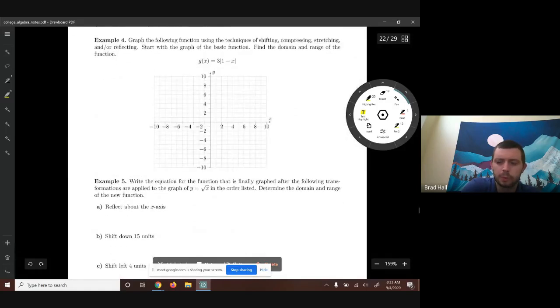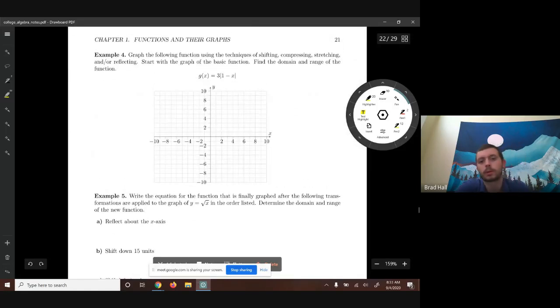But we have 2 more problems, starting off with example 4 here. This requires us to graph an absolute value function using the techniques of shifting, compressing, stretching, and so on.